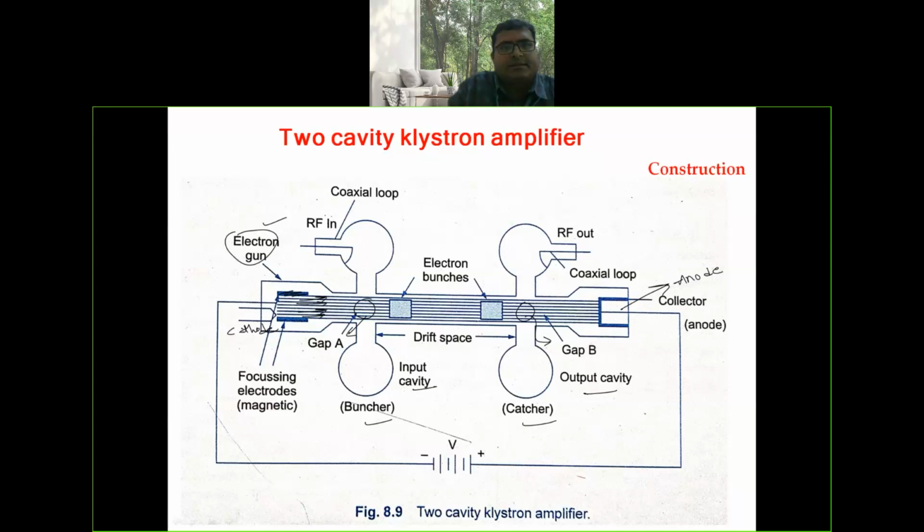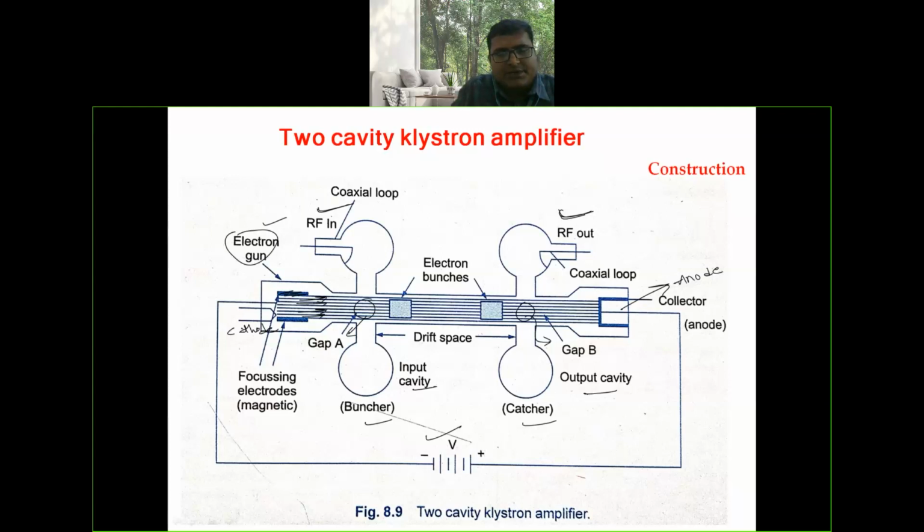Here, the input will be applied at the buncher cavity through coaxial loop, and the output will be collected across the catcher cavity. The electron gun is at negative potential, and some supply voltage will be applied to this two cavity Klystron amplifier.